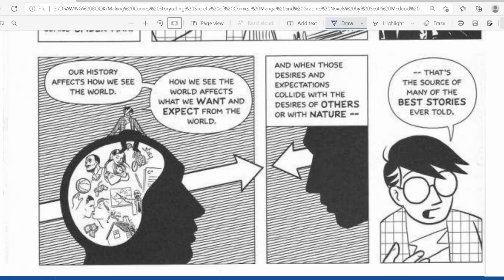Our history affects how we see the world. How we see the world affects what we want and expect from the world. And when those desires and expectations collide with the desires of others or with nature, that's the source of many of the best stories ever told.